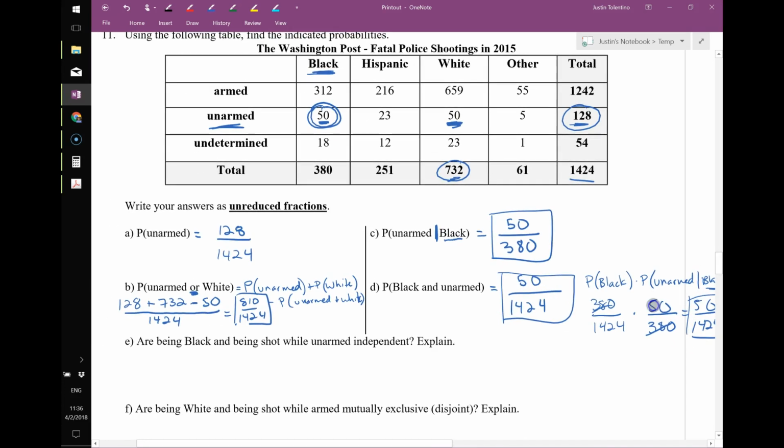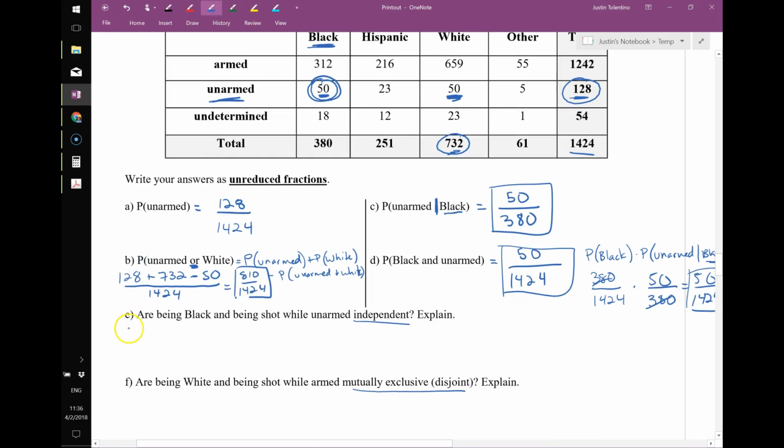So now, let's look at these next two to make sure we understand the idea of independent and mutually exclusive. If we're looking first for independent, remember what the formula says, which was actually on the formula sheet as well. The probability of A has to be equal to the probability of A given B. All this is saying is that if we were to find the probability of A and then find that same probability again, but give you additional information about the other one, it shouldn't change.